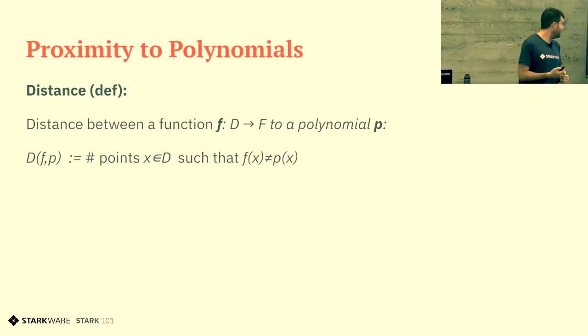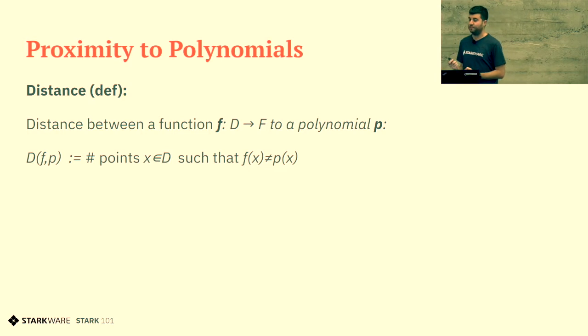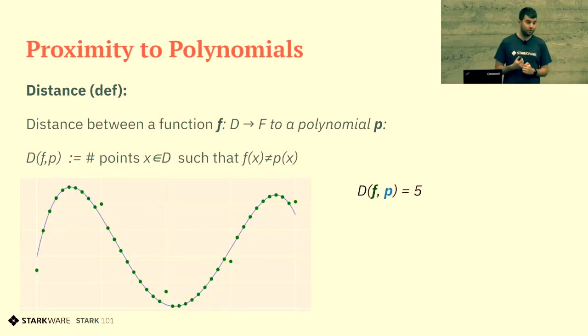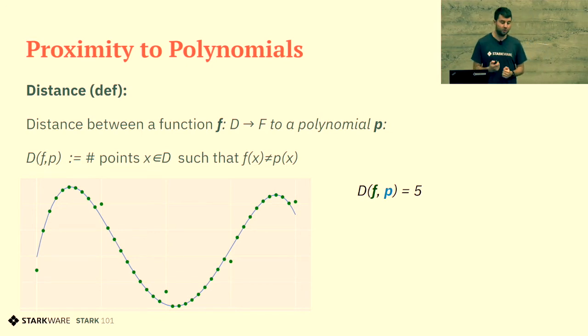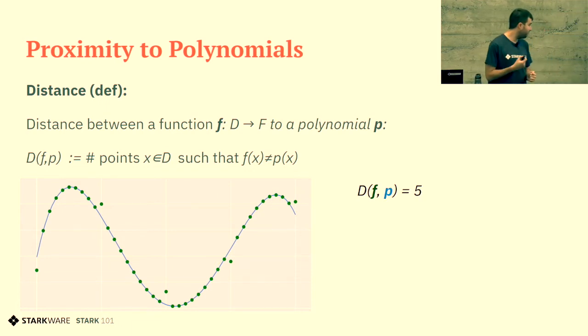The distance between a function f and a polynomial p is the number of points that f and p disagree on. For example, if we take a look at the blue curve, which represents polynomial p, and the function f, which is represented by the green dots, we can see that there are 5 different points that f and p disagree on.